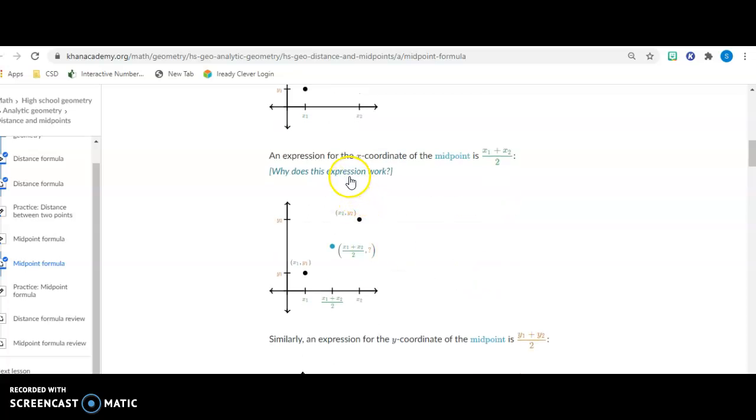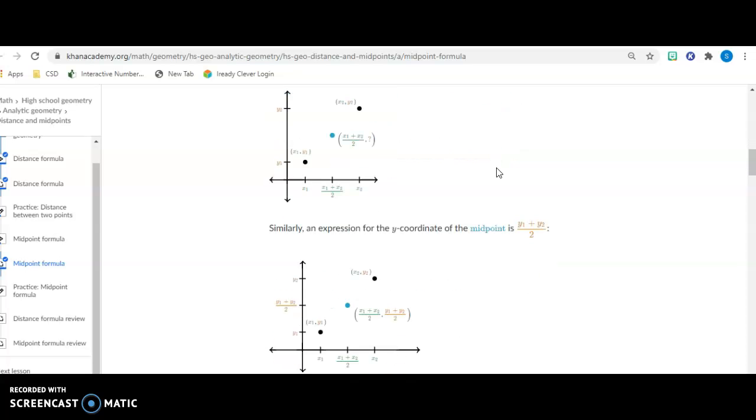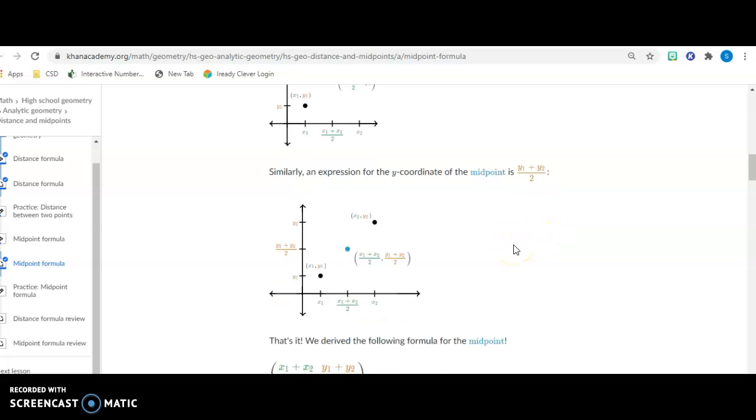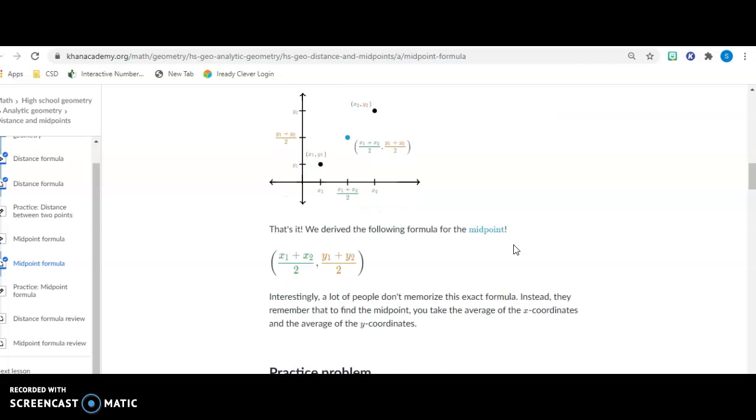That would be you add them up and divide by 2. Whenever you want to find the average, you add them up and divide by how many there are. In this case, there's 2. We do the same thing for our y-coordinate. You add them up and then divide by 2. That's all you need to do to find the midpoint formula.